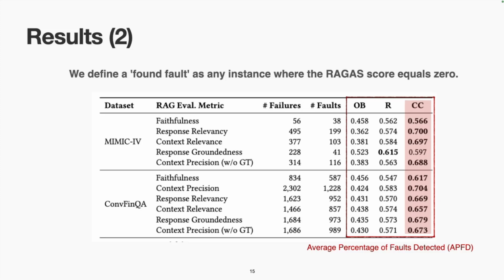So I checked how fast our coverage-guided metric can find those FERTs by selecting existing tests, which is a simulation. The values here represent the average percentage of FERTs detected. The higher is better, and usually the chunk-coverage-guided one achieves a higher APFD.